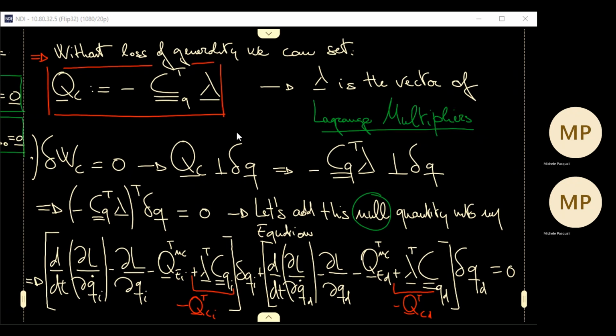Now I make use of the fact of having introduced my Lagrange multipliers.